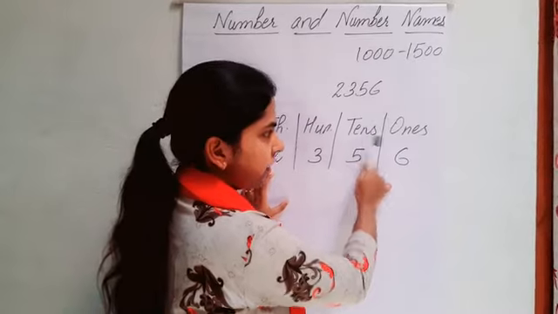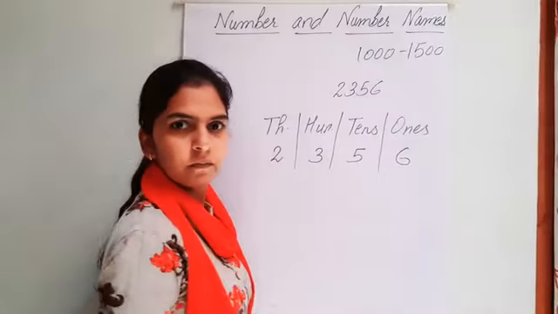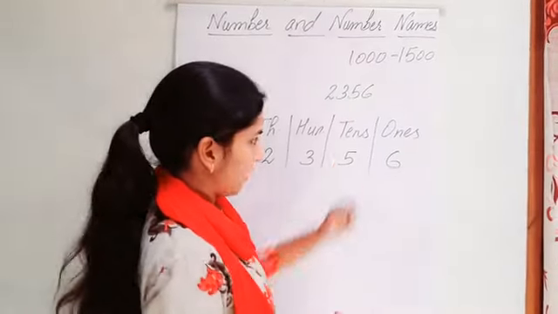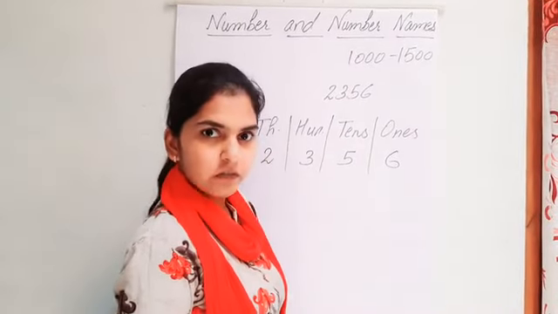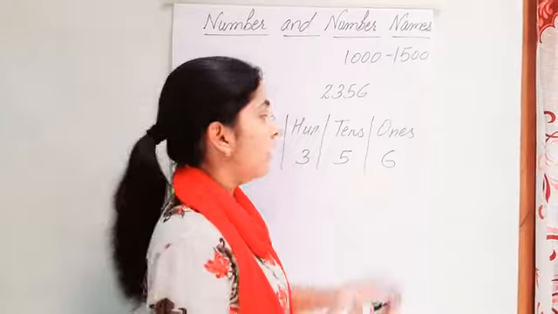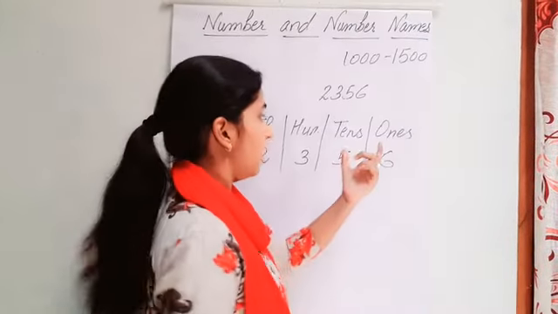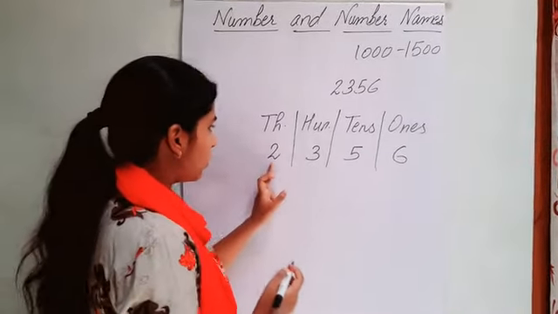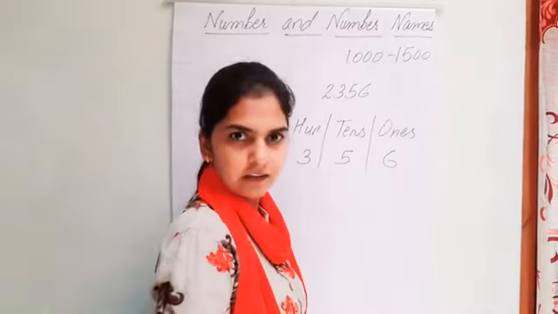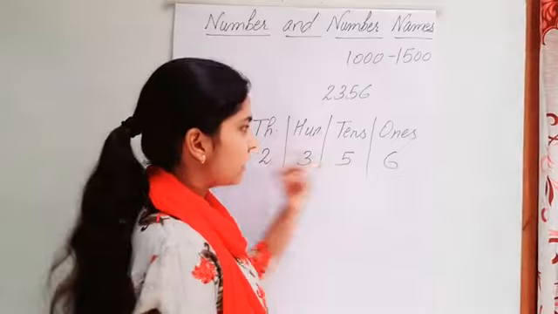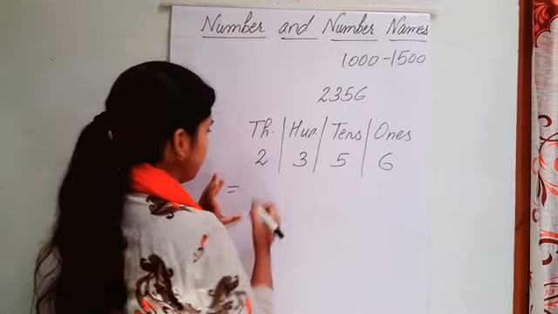2 thousands, 3 hundreds, 5 tens, 6 ones, right? 5 tens means 50, 5 times ten. So this number will be 2356. Okay, now let's write its name.